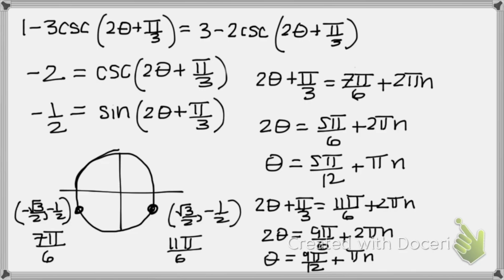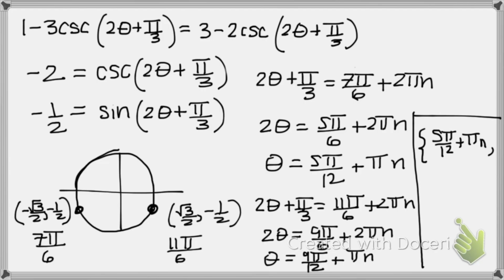And we can put that all together up here. Let's say my solution set is 5 pi over 12 plus pi n. And then the 9 pi over 12, that's 3 pi over 4, right? 3 pi over 4 plus pi n. And there. So that's that.